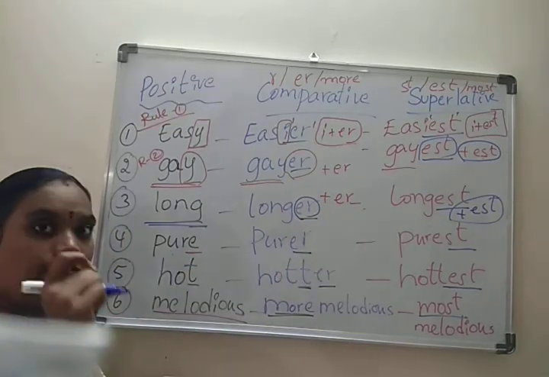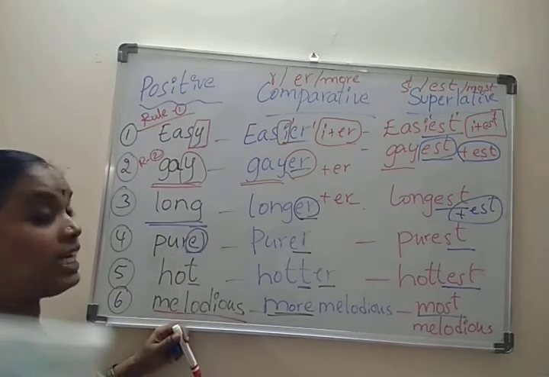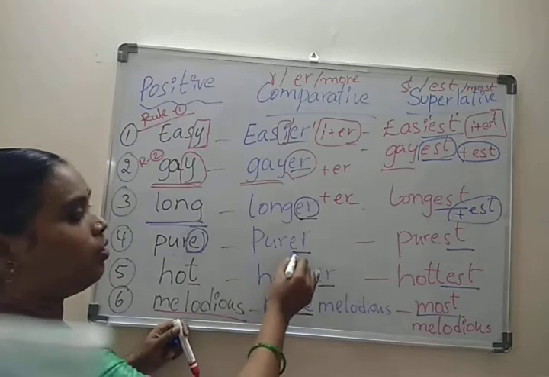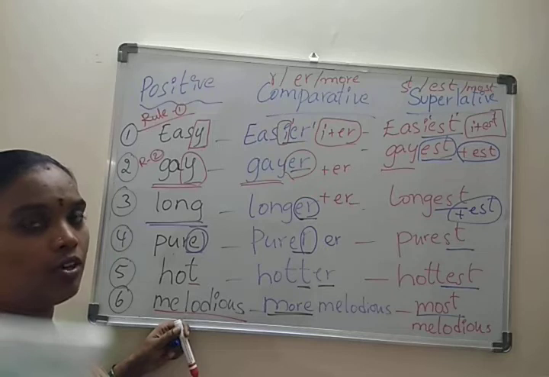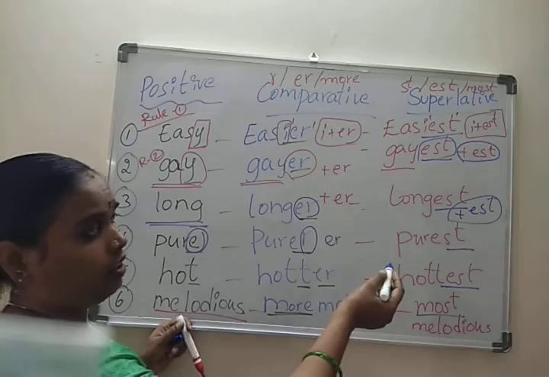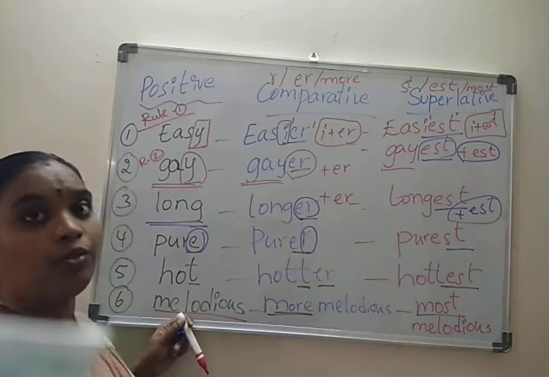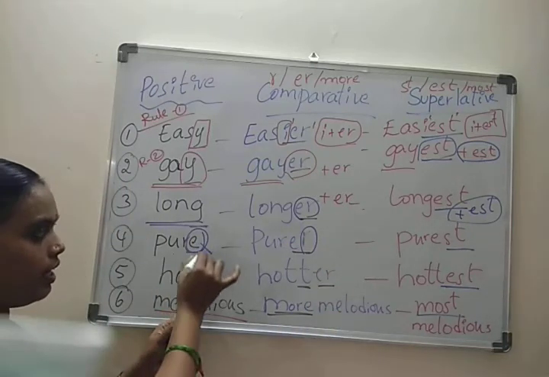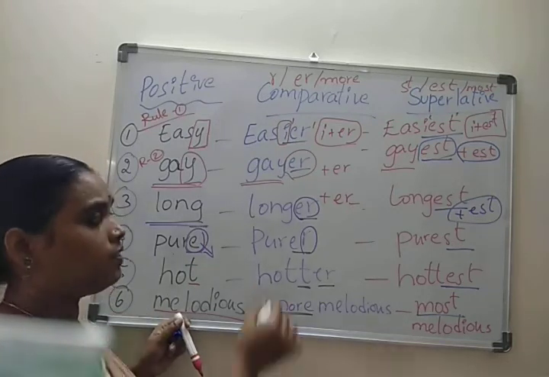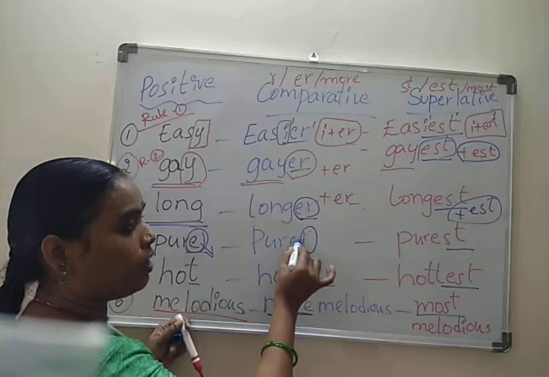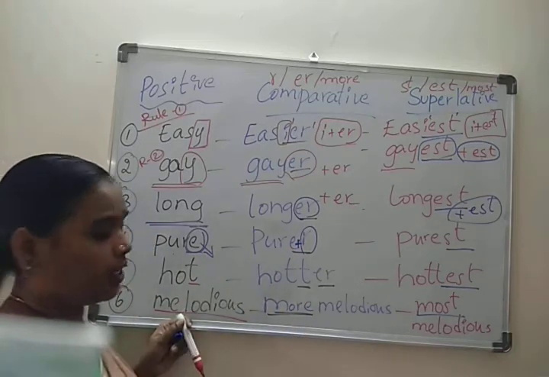Pure, a word ending with E. A word ending with E in an adjective, either R or ER will be added. Here in the comparative R will come, in the superlative ST will come. Whenever an adjective ends with the letter E, we add only R to the comparative, ST to the superlative.